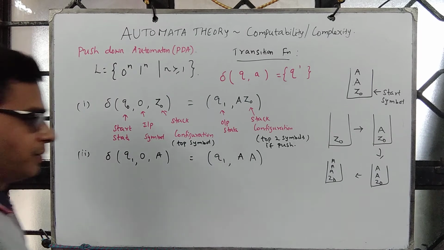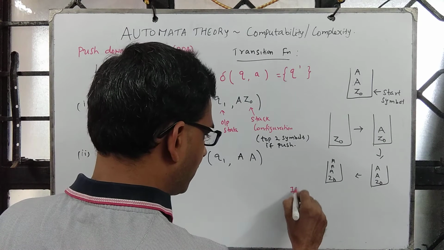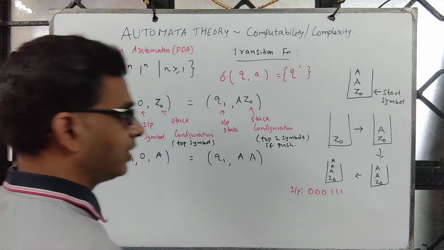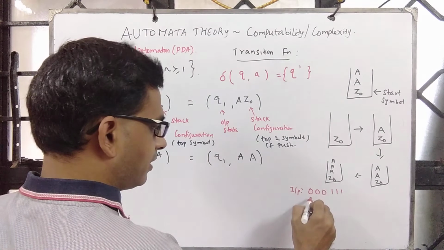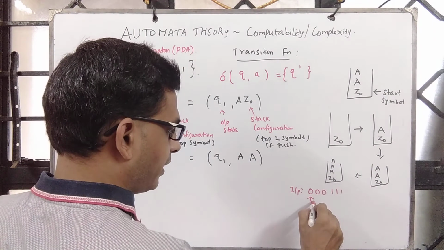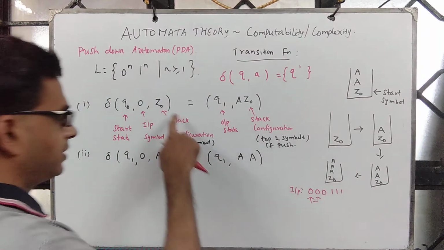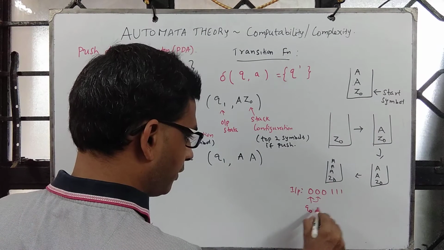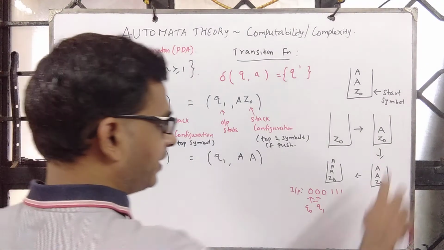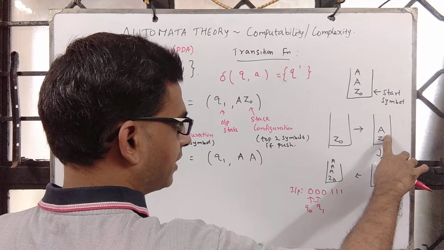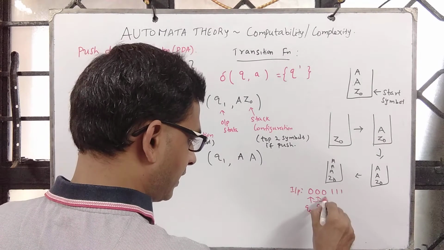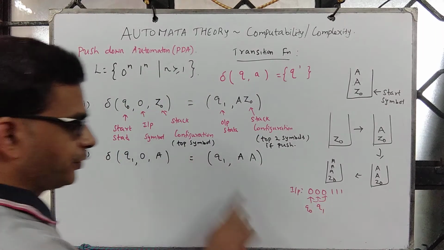Suppose the input string is 0 0 0 1 1 1. At the start it will be this. When we read the first 0, we will be in Q1. Then at Q1 we read a 0, the top symbol is A, then we come over here, and we are still at Q1 because the output state is Q1.